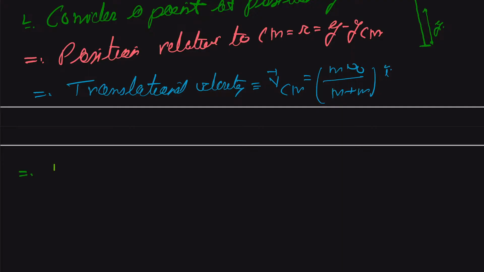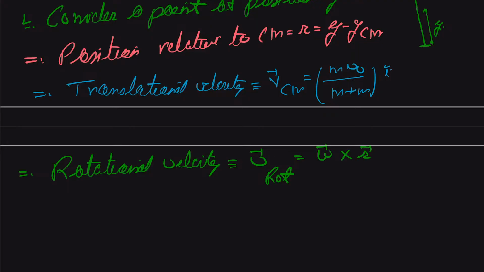So the rotational velocity, let us call this v rotational, will be equal to our angular velocity cross our position vector, which was just calculated.